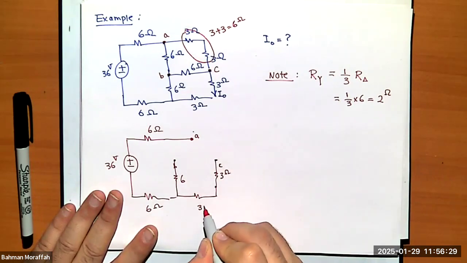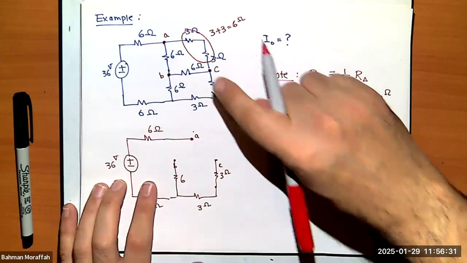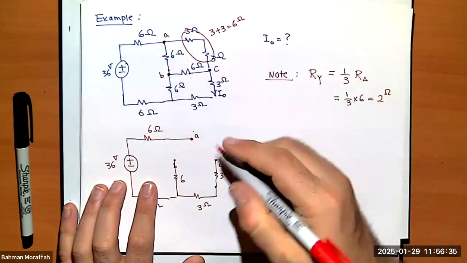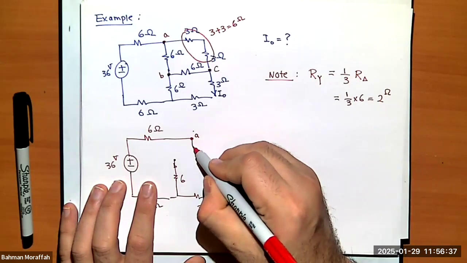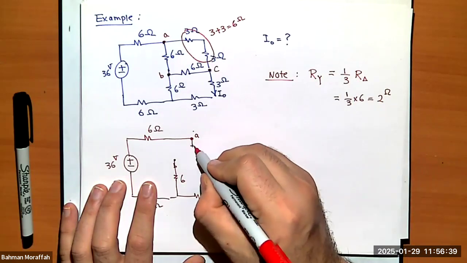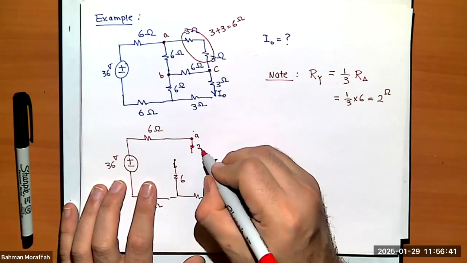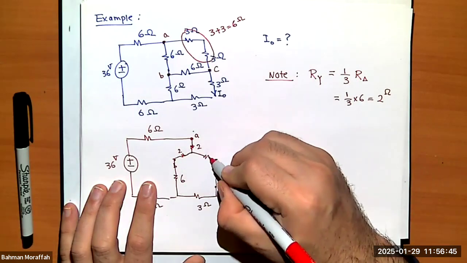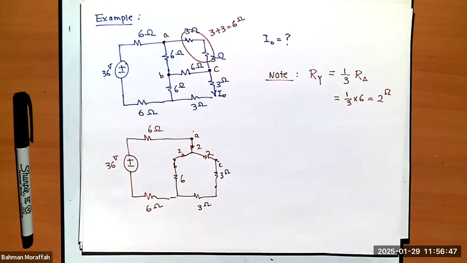This is 3. Between A and B, it's going to be something like this, which is 2, another 2, another 2. So this is my equivalent.